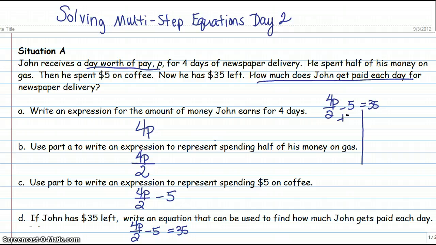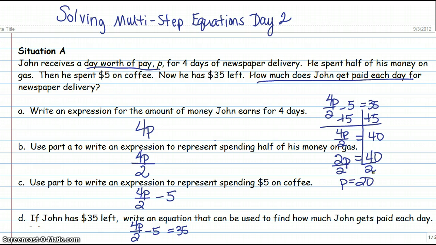That means adding 5 to both sides, which means that 4P divided by 2 is going to equal 40. Then I can do 4P divided by 2, that is 2P, and that equals 40. Then I'm going to divide by 2 on both sides. P is going to equal 20. So John makes $20 each day.